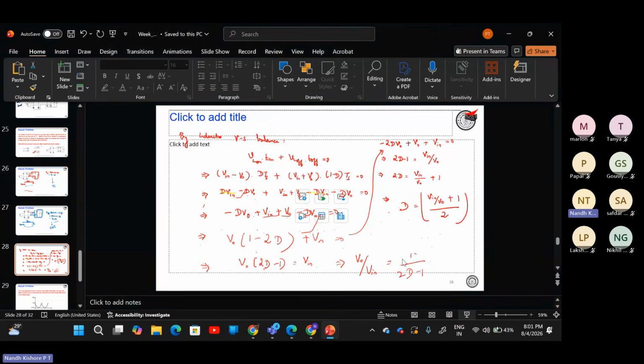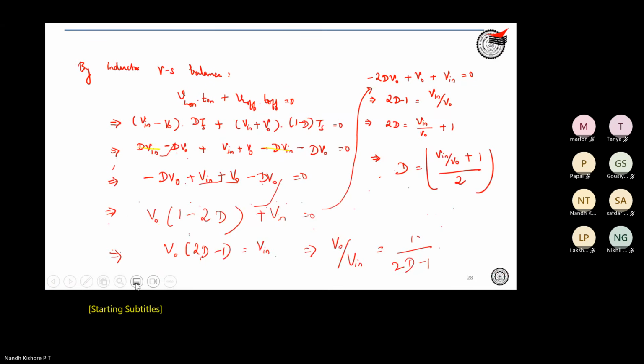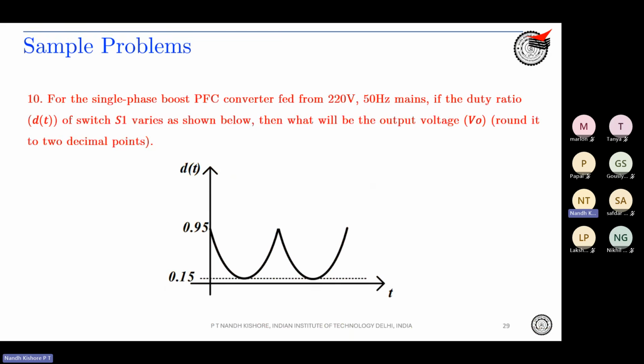So we will see the last question and we will break for the day. Okay, so the last question is straightforward. For the single phase boost PFC converter fed from 220 volts 50 Hz, if the duty ratio of the switch varies as shown below, what will be the output voltage rounded to 2 decimal points?